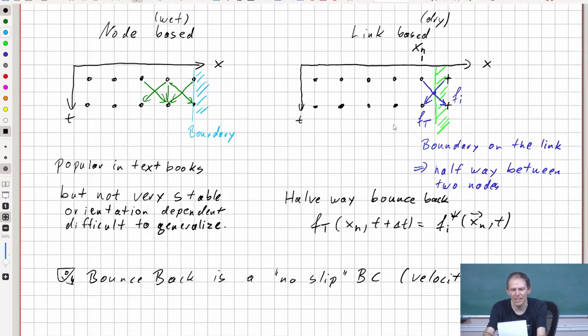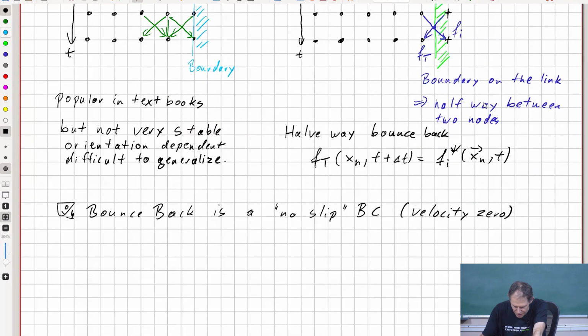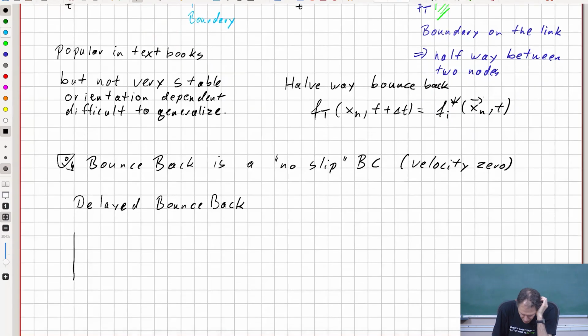In almost all other cases, you will have to specify a Dirichlet boundary condition for the pressure. Many other boundary conditions arise from the bounce back boundary condition. One modification is the so-called delayed bounce back. This is not much different. We have here t, again we have here x.